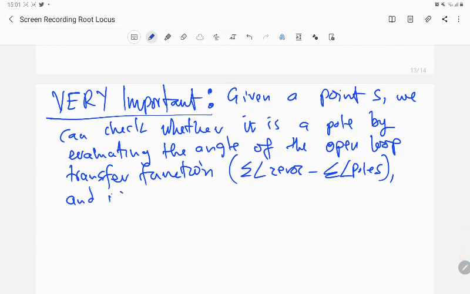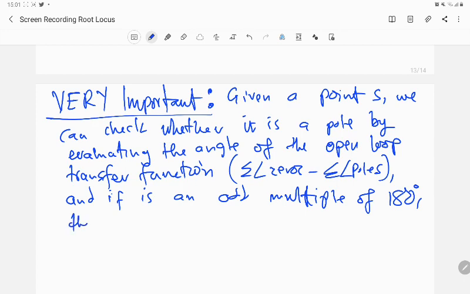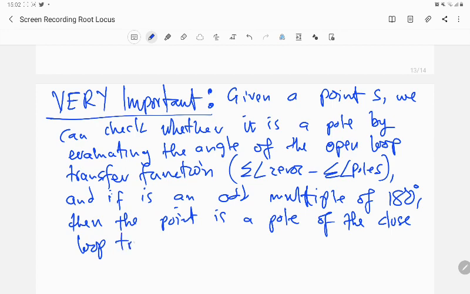If we evaluate it and it is an odd multiple of 180 degrees, then the point is a pole of the closed loop transfer function.